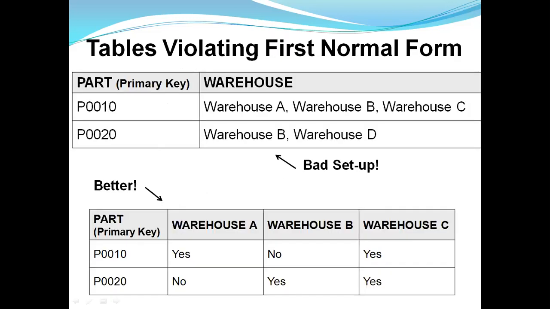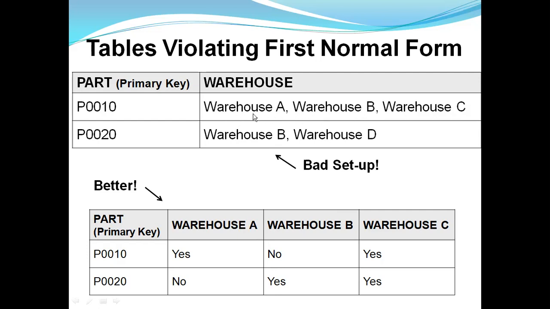Now, this is the example we have taken. This table is violating the first normal form. What is the violation here? I have tried to make two structures, 1 and 2, but both are violating. The reason is, first rule, that it should not have multiple values.